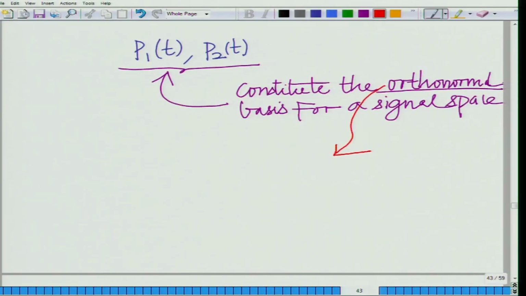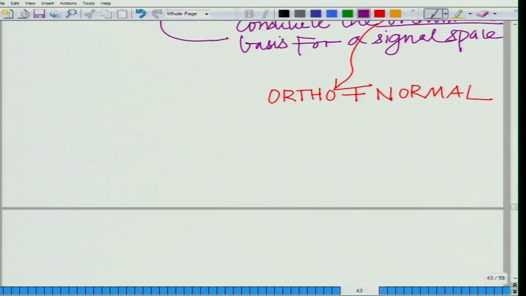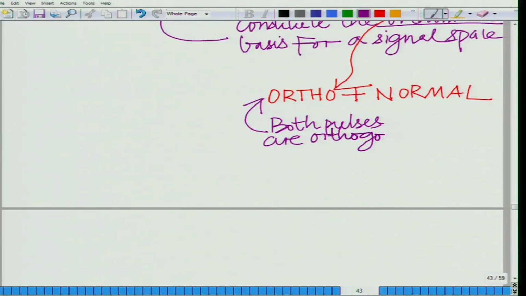What is the meaning of orthonormal? Remember, this is formed from the two words ortho plus normal. Ortho means both these pulses are orthogonal, and normal means that the pulses are normalized to unit energy.